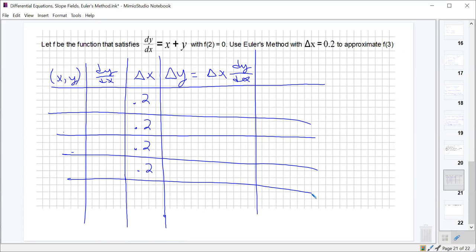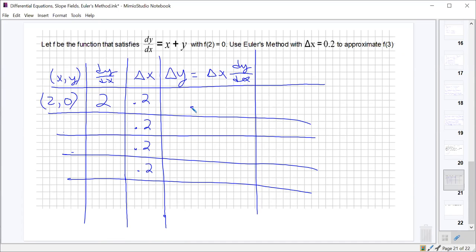So starting off with the first point, what's the first point we're going to use? 2, 0. Okay. So if x, y is 2, 0, what is dy/dx? Should just be 2, should just be x plus y. And if dy/dx is 2 and delta x is 0.2, what is our delta y going to be? Should just be 0.4, right?